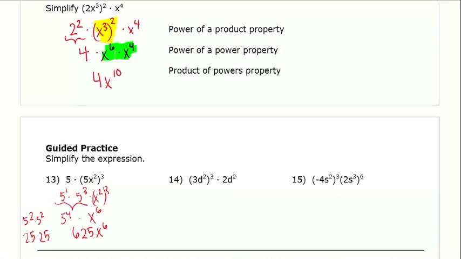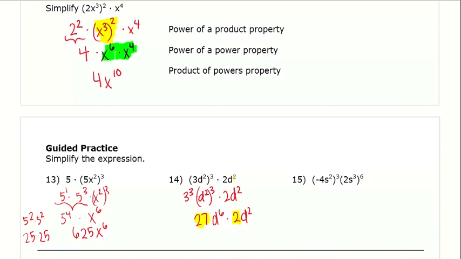For number 14, power of a product, so 3 cubed times d squared cubed times 2d squared. Once again, some of you might not even write this out. You're kind of going to jump right to it, and I'm okay with that. But 3 cubed is 27. That would be d to the 6th times 2d squared.